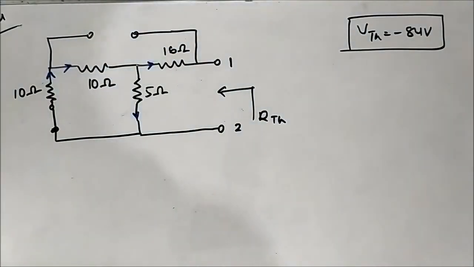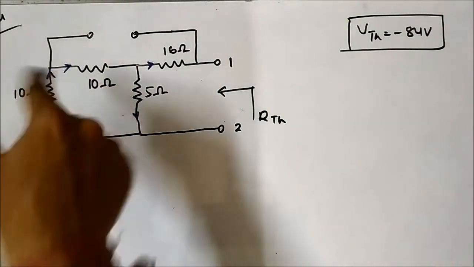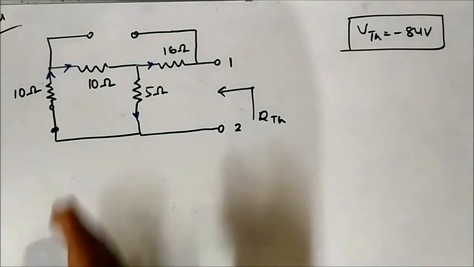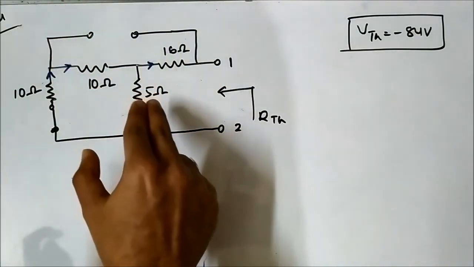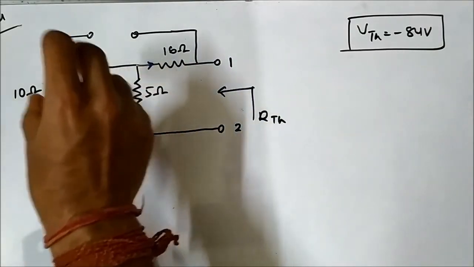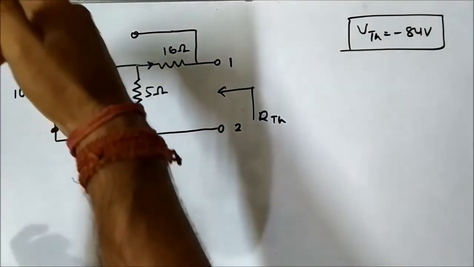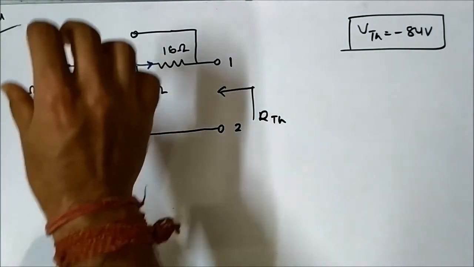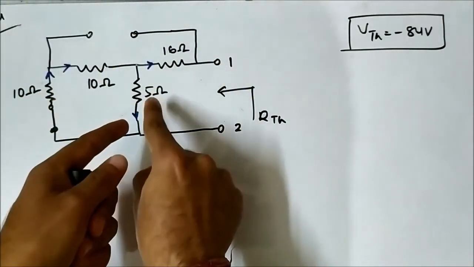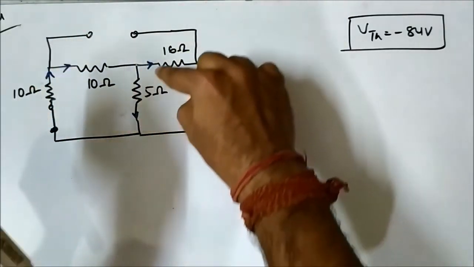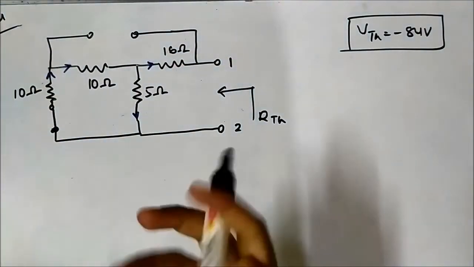Now for RTH, we can see that these two 10 ohm are in series. Their resultant is in parallel with 5, and the total resultant is in series with 16 ohm.